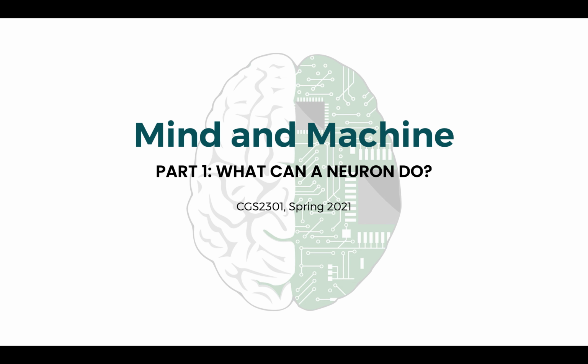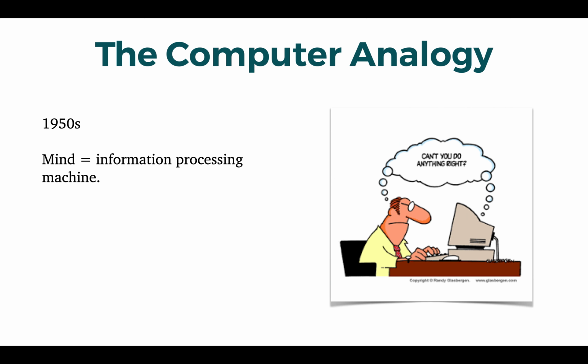We're going to talk about how we integrate cognition with neural networks or machine computer networks. So, this all got its start in the 1950s. Computers were really taking off, they started becoming a thing, and we started thinking about the mind as an information processing machine.